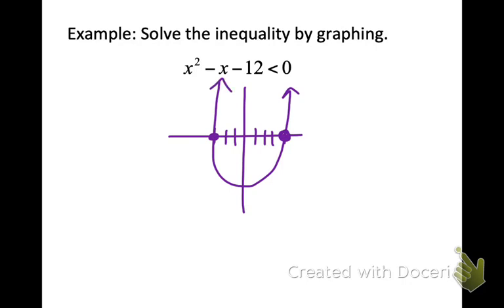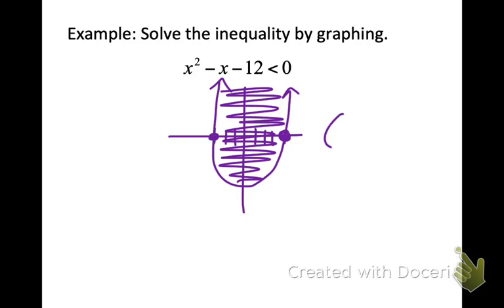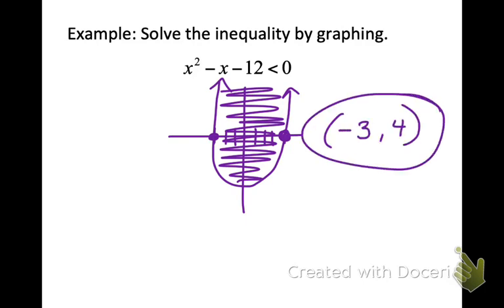Because it's less than, it's going to be everything in between. Again, if I pick that tester point of 0, 0, plug in 0, 0, is negative 12 less than 0? Yes, it is. So that's why the area inside is your solution area. So now we're going from negative 3 to 4 as our answer in interval notation.